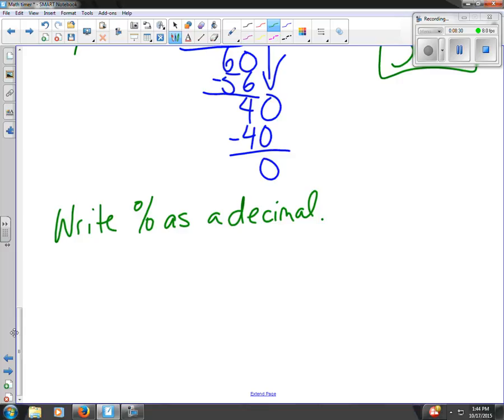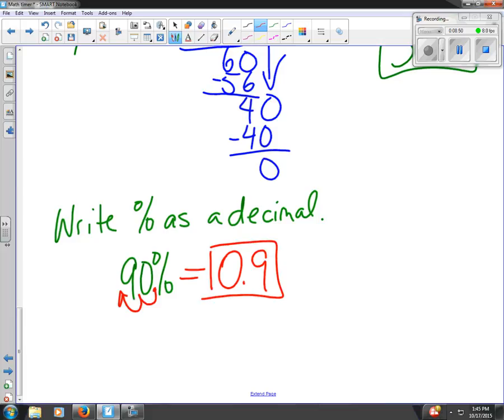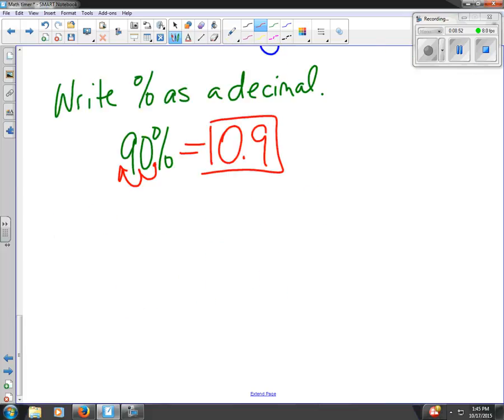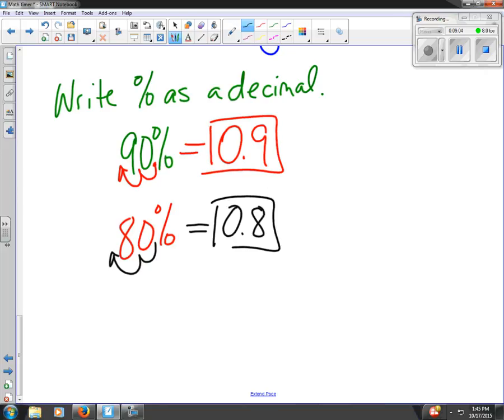Okay, so if my percent is 90%, and I want to write it as a decimal, I take that decimal point that's always hidden here, and I move it 2 spaces to the left, so the decimal is 0.9. Done. Just move it to the left. Okay, I have 80%. I want to make it a decimal. Move it 2 spaces to the left, and you get 0.8, and you're done.